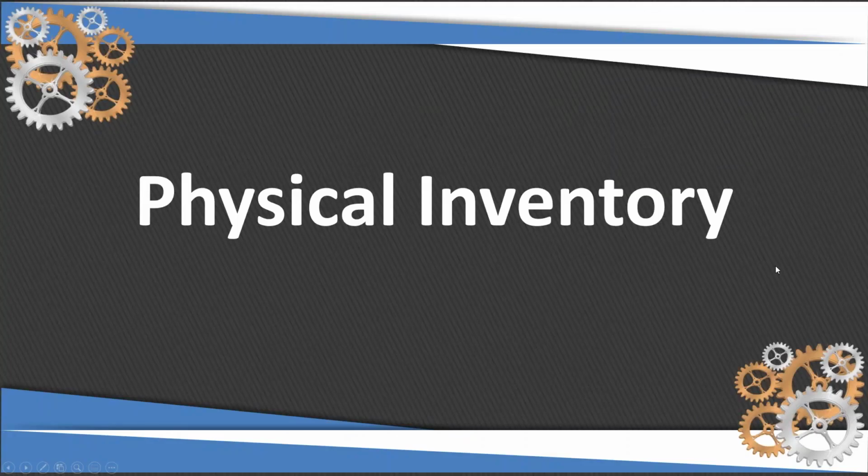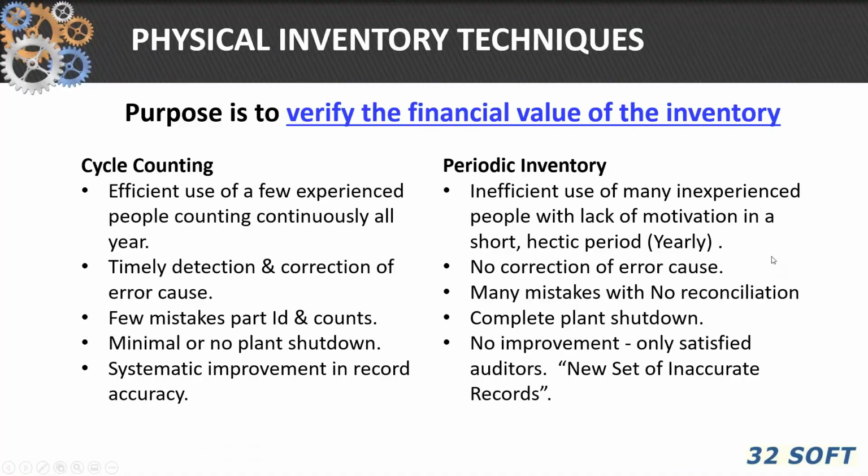So now that we understand a little bit about cycle counting, let's talk about physical control. The ultimate purpose of both the cycle counting and the periodic inventory is to verify the financial value of the inventory and have an accurate representation of that. Cycle counting, you use experienced people, it's timely, corrected errors, few mistakes, minimum downtime.